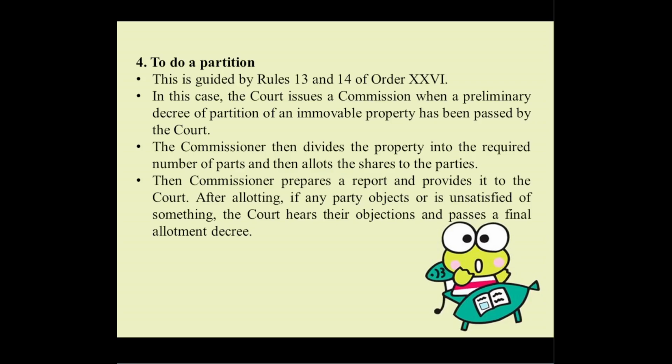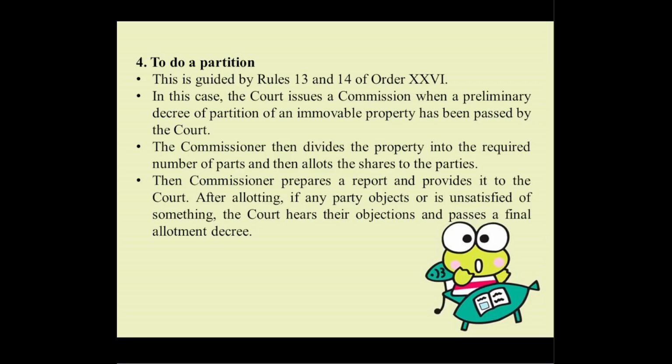If the subject matter is the partition of an immovable property, then the commissioner divides the property into the required number of parts and allots a share to the parties. So these are the functions of a commissioner when a commission is issued by the court, and that commissioner is going to help the court to make a partition between the parties if partition is the subject matter of the suit, as desired and deemed fit by the court.